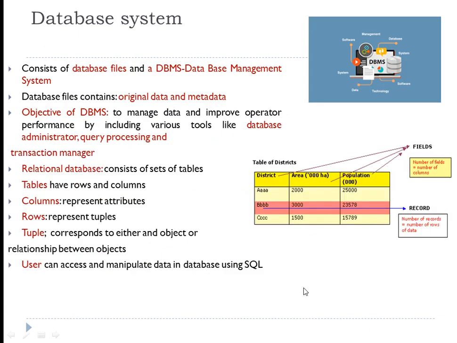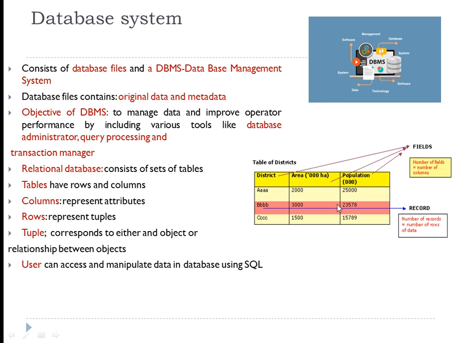Now coming to the next way of storing the data, which is very common, that is a database system, right? Most of us might be aware of this, DBMS, which stands for Database Management System, where you will have some kind of original data and metadata in your file. The main goal of a DBMS is to manage the data and improve the operator performance using various tools like Database Administrator, Query Processing, and Transaction Manager.